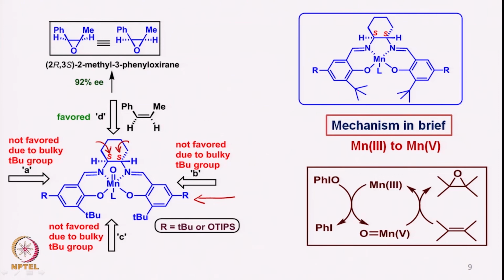The substituents on the aromatic ring include 2 tertiary butyl groups ortho to the OH bond of this particular aldehyde. So, if we have the carbon oxygen bond, which is a phenolic OH bond, next to that tertiary butyl groups are put, and para to that an R group is put, which is either tertiary butyl or O-triisopropylsilyl.